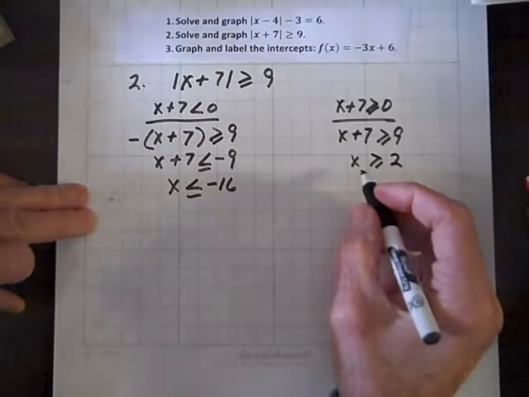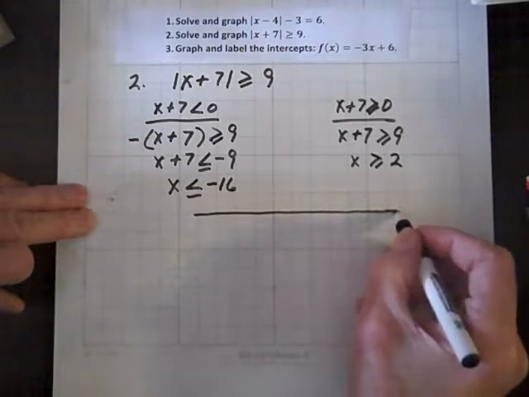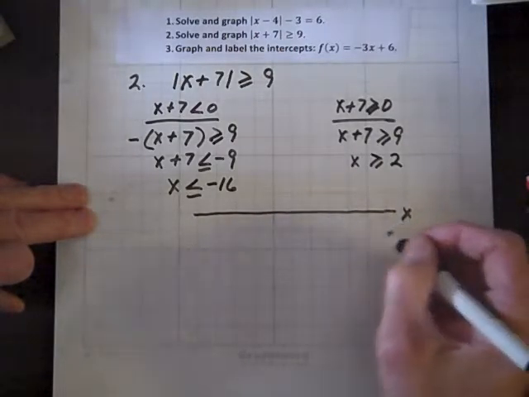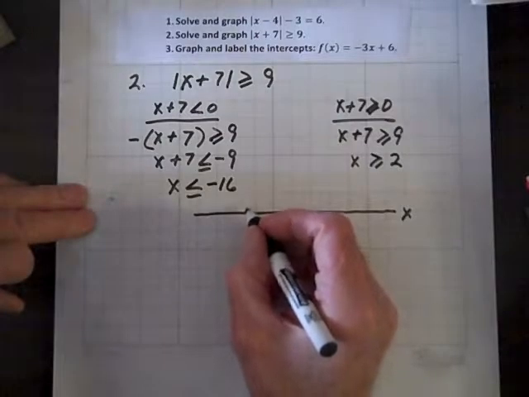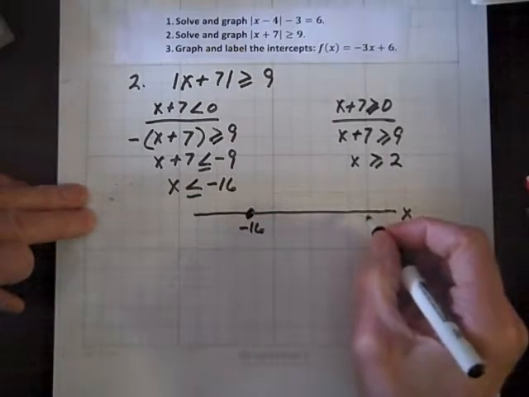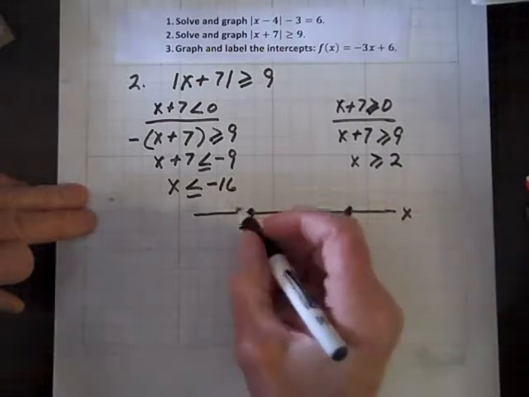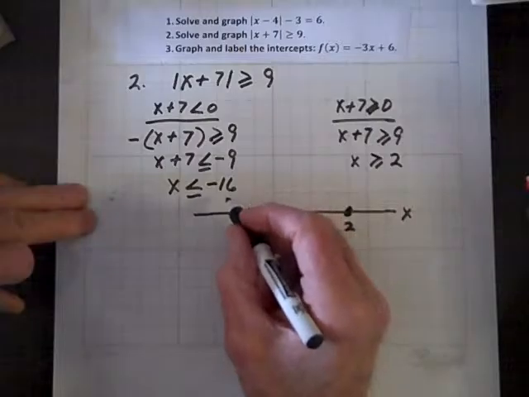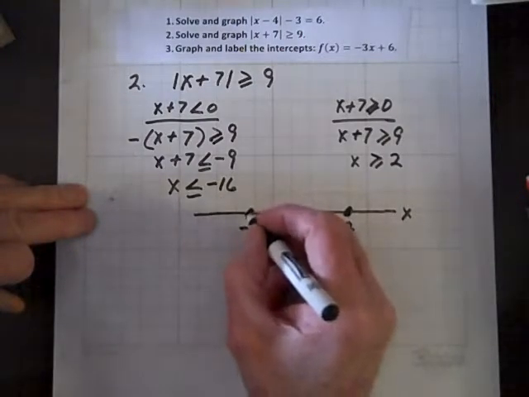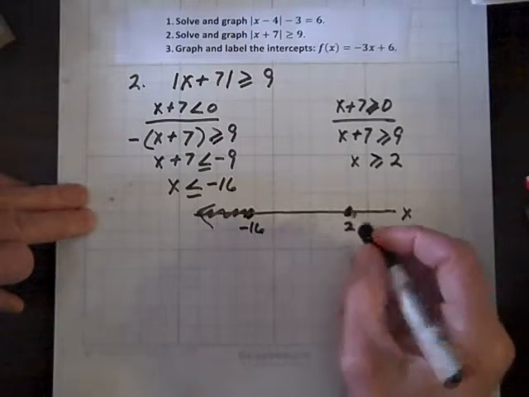Now we will draw our graph, and here we are at x, and we've got a solid dot at negative 16, and a solid dot at 2. All values less than negative 16 satisfy this, so we'll graph that side.